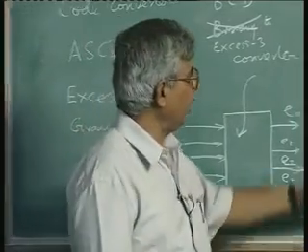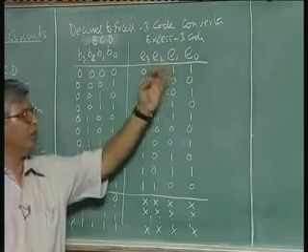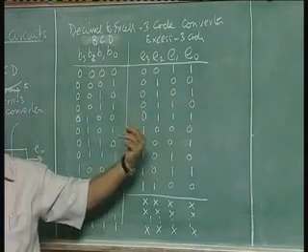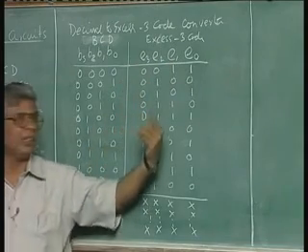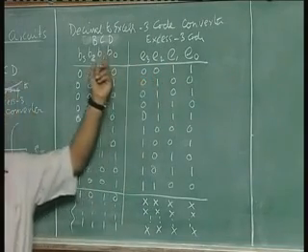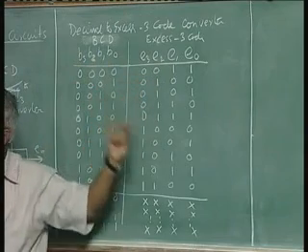Now we have to take each of these values E0, E1, E2, E3 and find the logic function which can represent E0 in terms of B0, B1, B2, B3, E1 in terms of B0, B1, B2, B3, and so on.